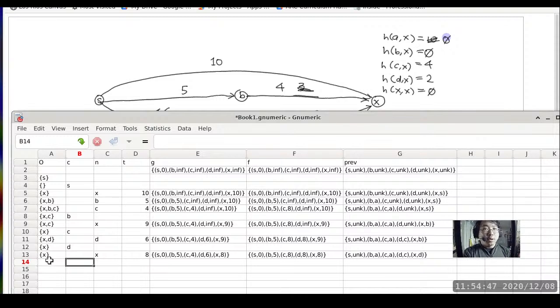Well, x is the only thing left. So we look at the f value of x, which is 8, versus the g value of x, which is also 8. 8 is less than 8 is false. So the while condition is false, and we can now get out.